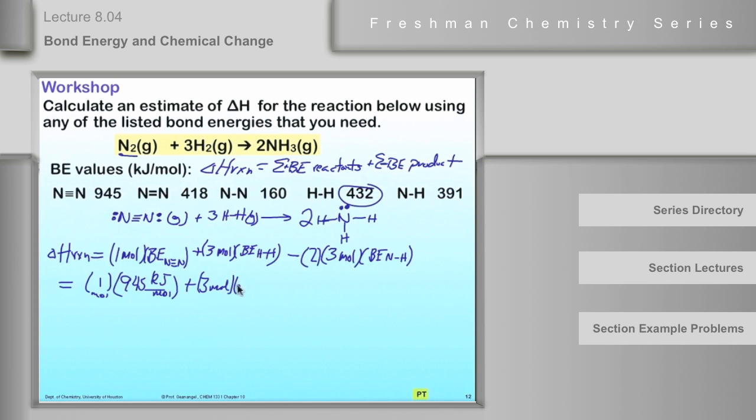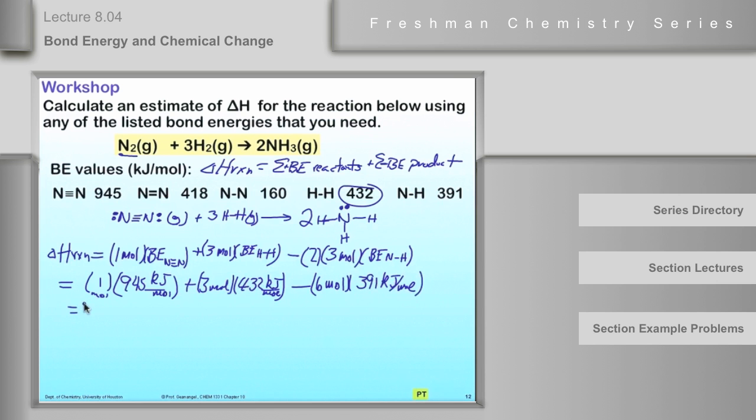That looks like 432 per mole. And then minus 2 times 3 is 6 moles of NH bonds, each of which is worth 391 kilojoules per mole. And you can see in each one of these terms the moles are going to cancel. Our answer will be in kilojoules.